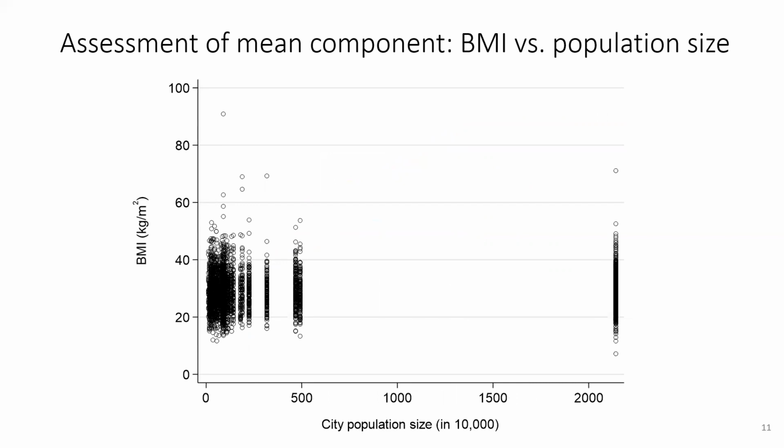You note that it's skewed. Here we see some cloud of cities with moderately small sizes, and then we have one city which has a huge population size.